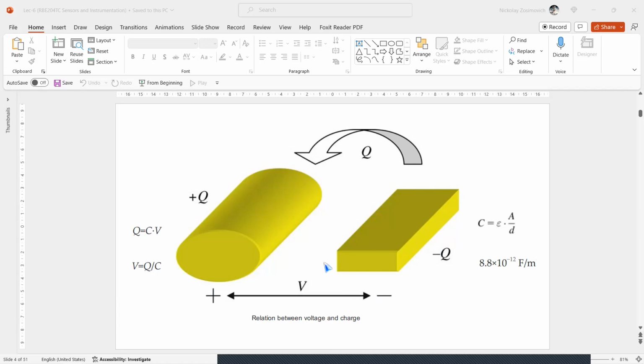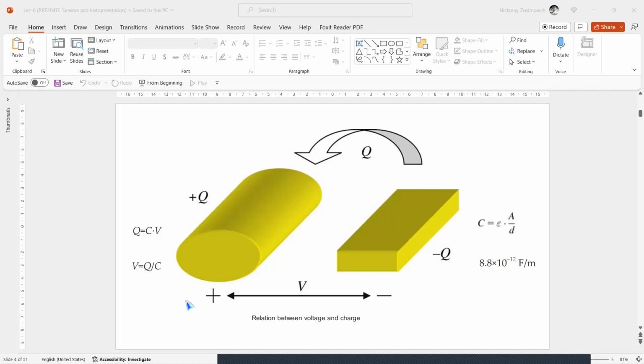Again, for this pair of conductors, Q is proportional to C times V, where V is the voltage difference between these conductors, right? Usually, the capacitance is defined between two conductors.